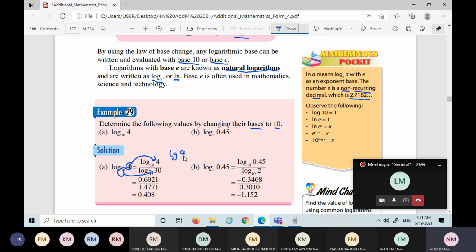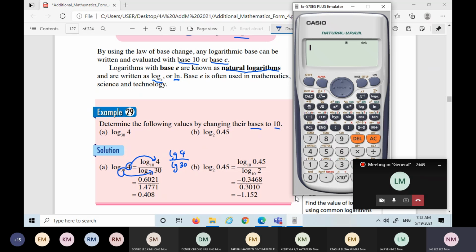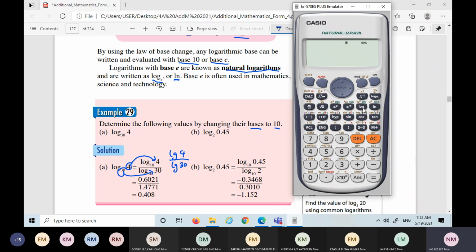Remember, log base 10 you can write as lg, a short form. So you press log 4, then divide by log 30. Teacher, is this the answer?